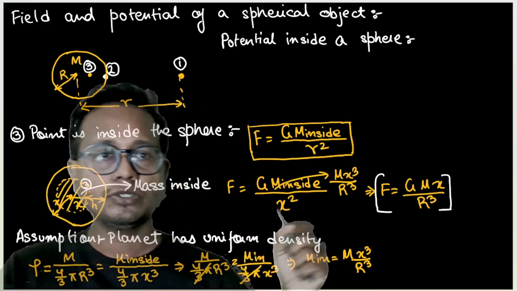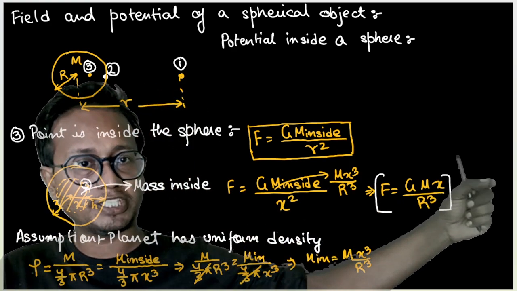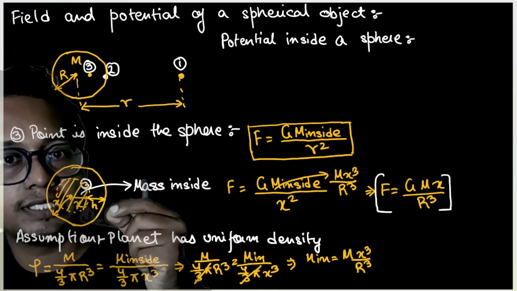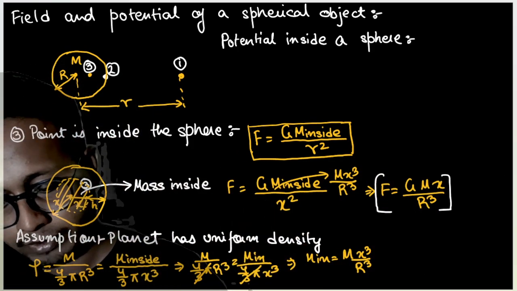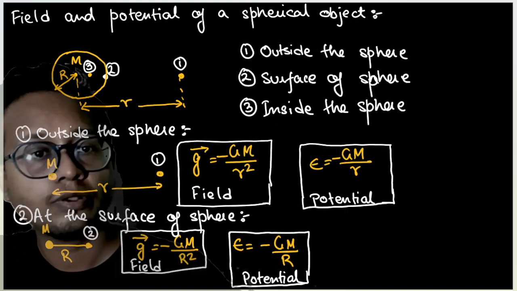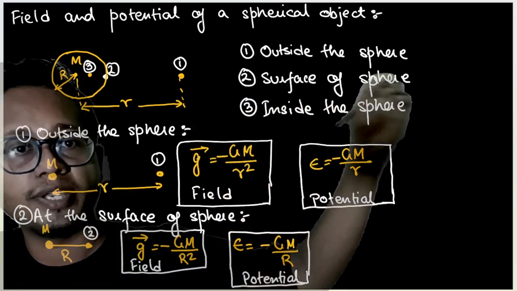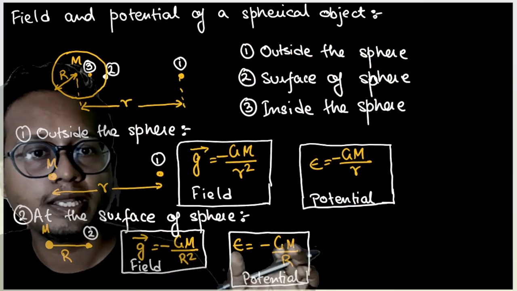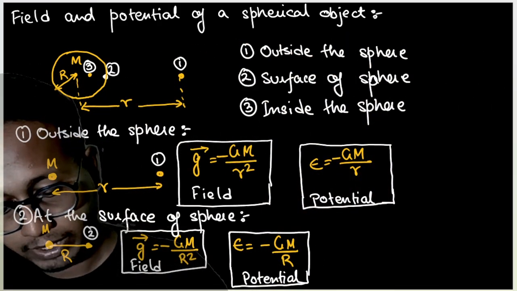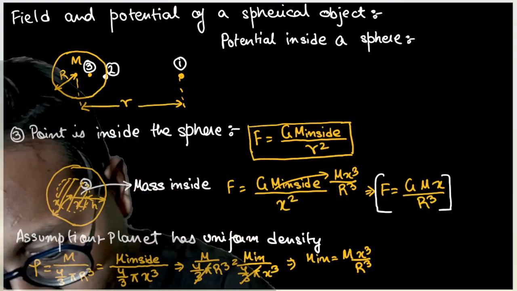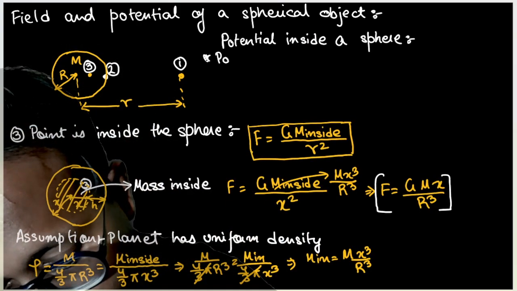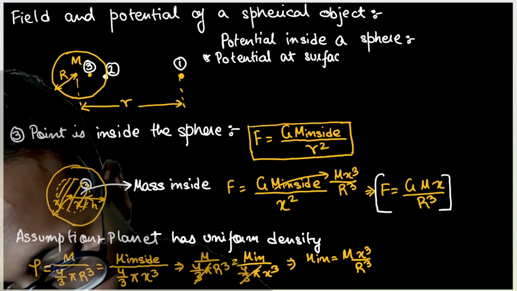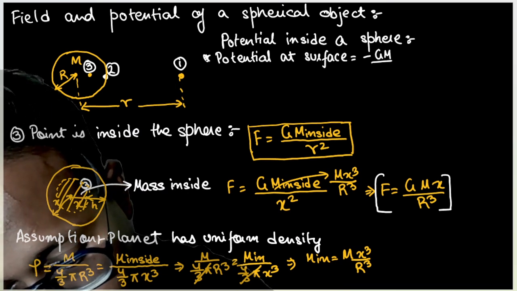You already know the work done against gravitational force in bringing a unit kg from infinity to the surface is nothing but minus GM by r. So I'll make a note out here: potential at surface is equal to minus GM by capital R.